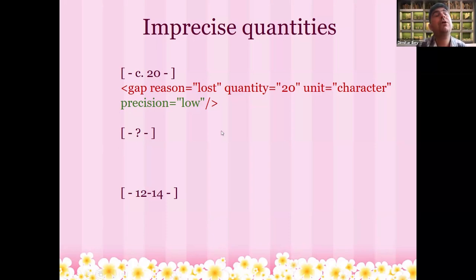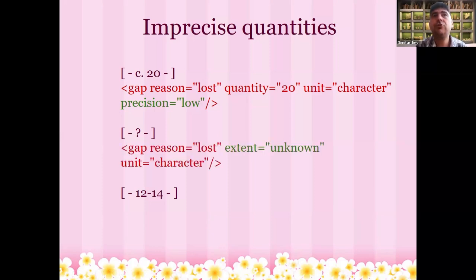If we don't know exactly what is lost, then you don't need to add a precision tag. You simply add gap reason lost, extent unknown, unit, character, or line. You have the beginning of an inscription, which is damaged at the bottom part.